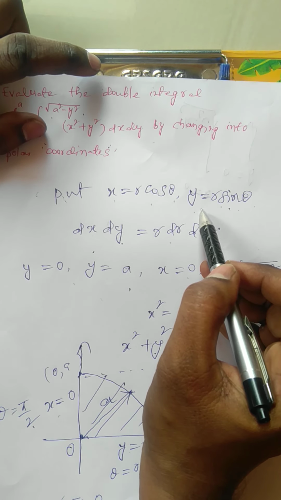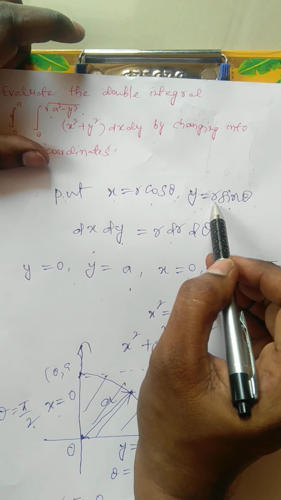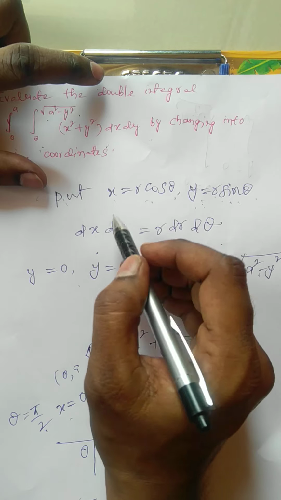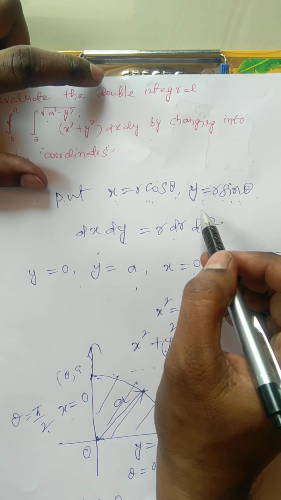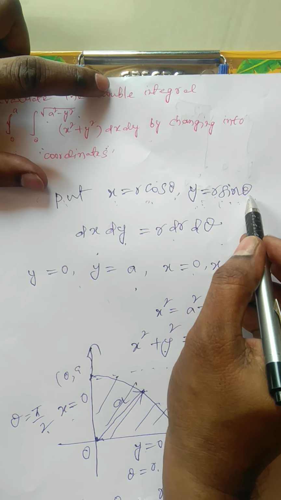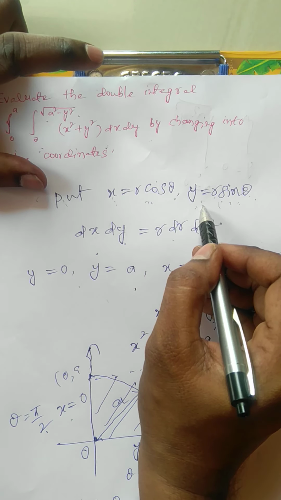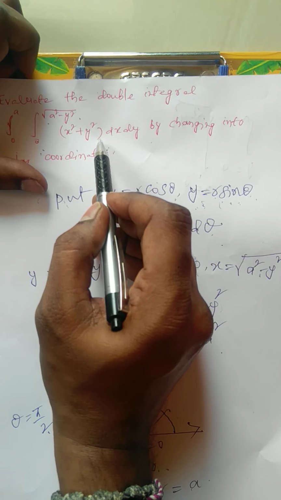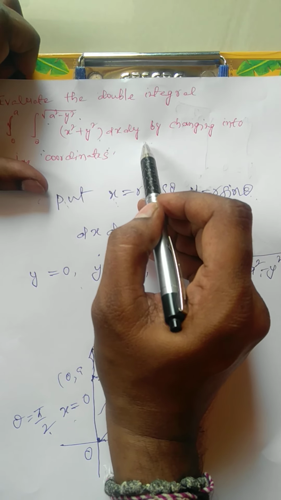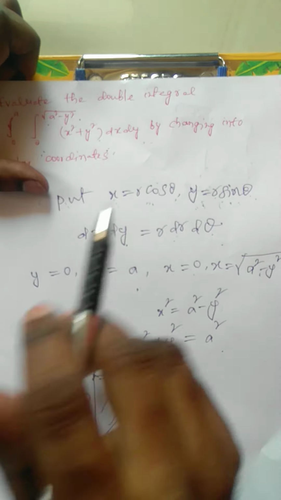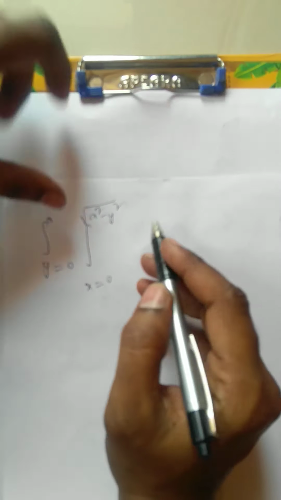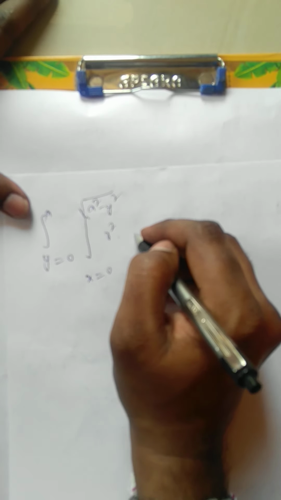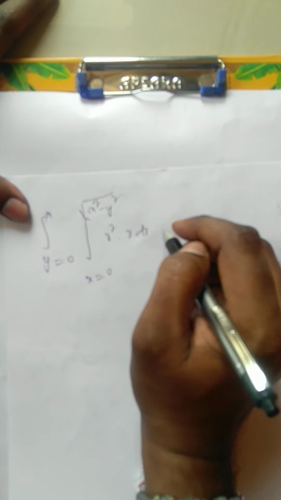So x square plus y square equals r square, and dx dy equals r dr d theta. In place of x square plus y square we can replace r square, and in place of dx dy we can replace r dr d theta.